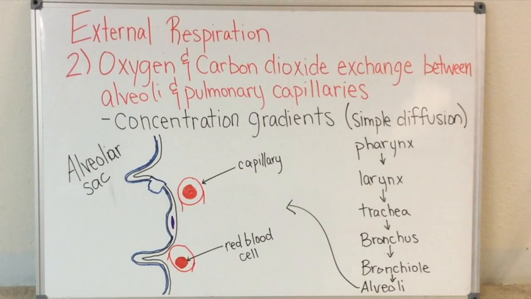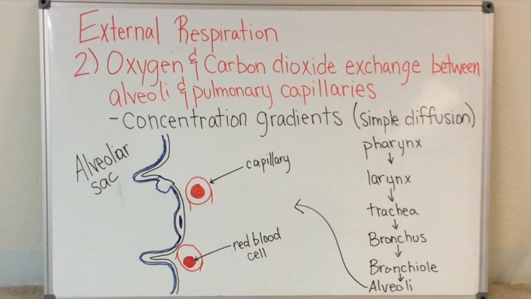Exchange occurs in the alveolar sacs between capillaries and the alveoli. Alveolar sacs are ideal for diffusion to occur because they have an increase in surface area and a decrease in distance between the capillaries and the alveolar sacs. The alveolar sacs consist of a single flattened layer of type 1 alveolar cells.